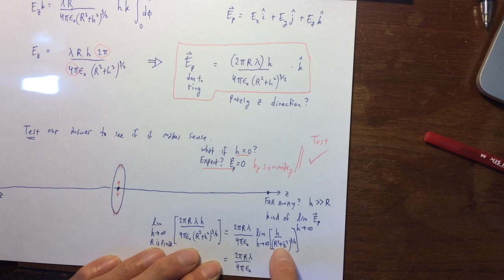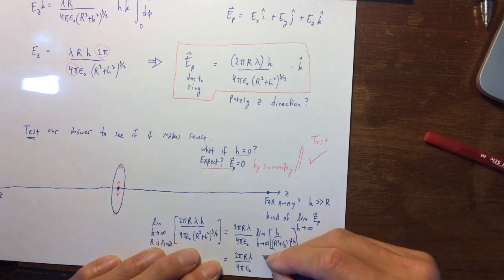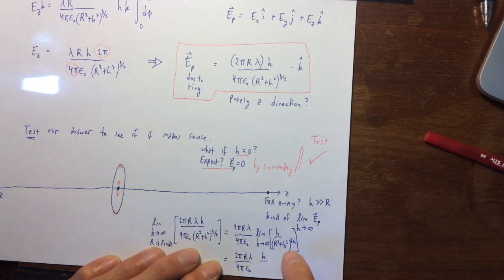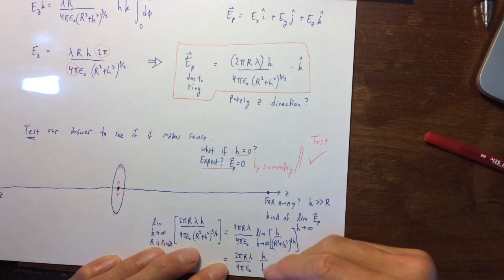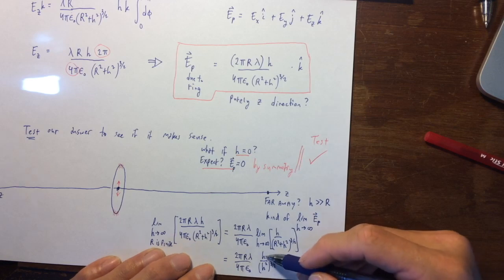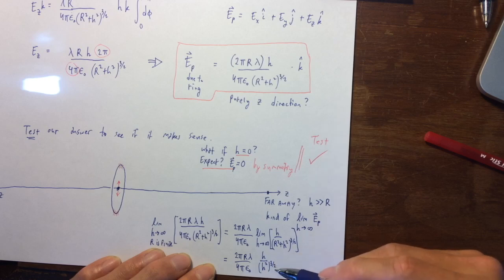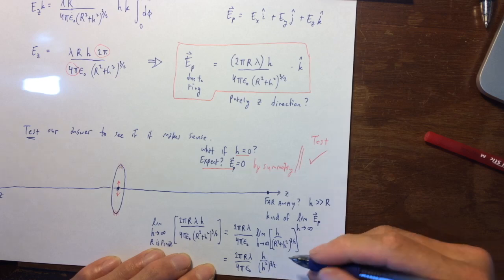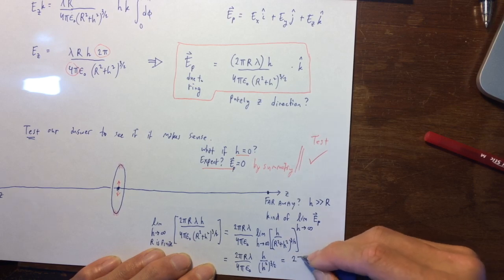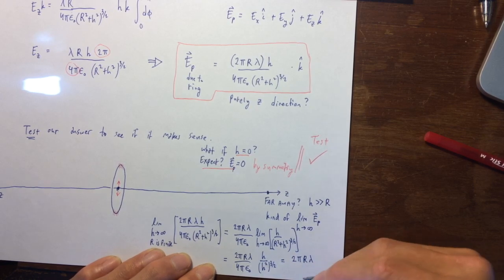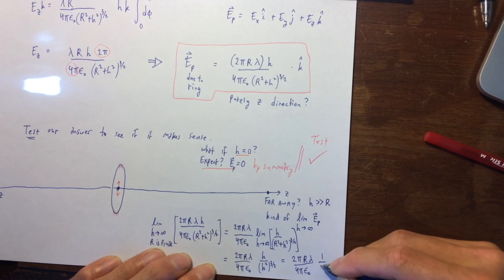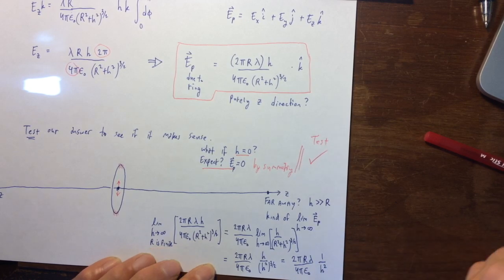So this expression turns into h over h squared to the 3/2. And if you do a little bit of math, we take h squared, take the square root, and then cube it. What you get from that is 1 over h squared.